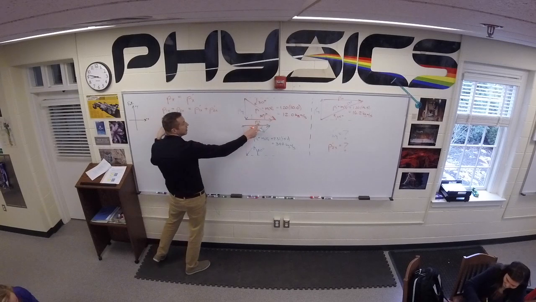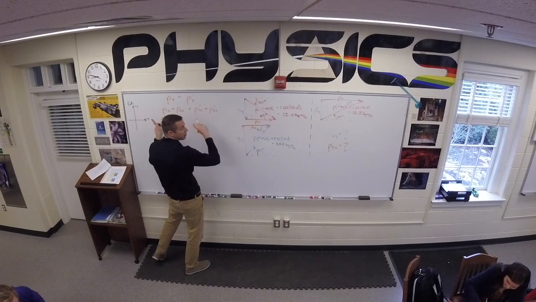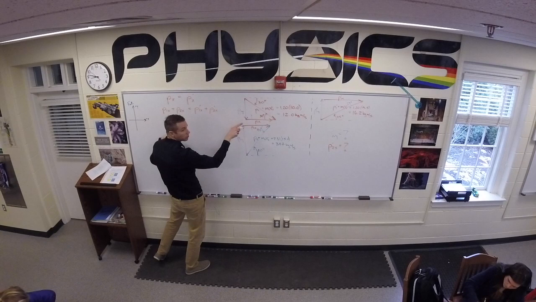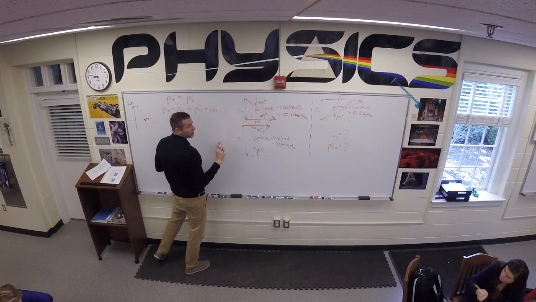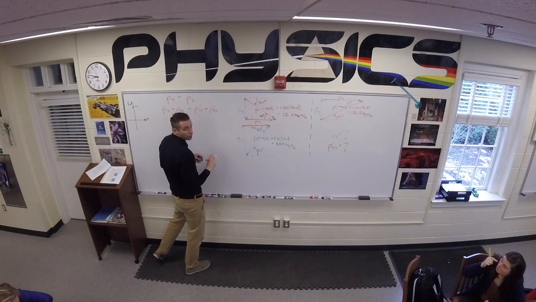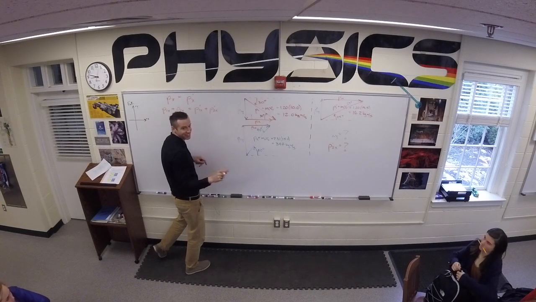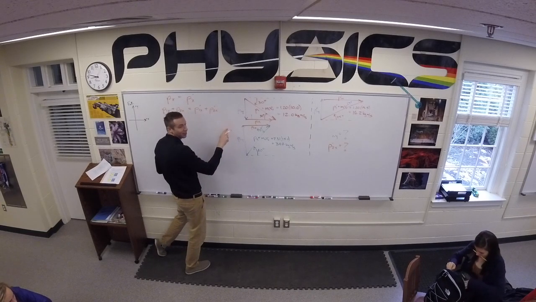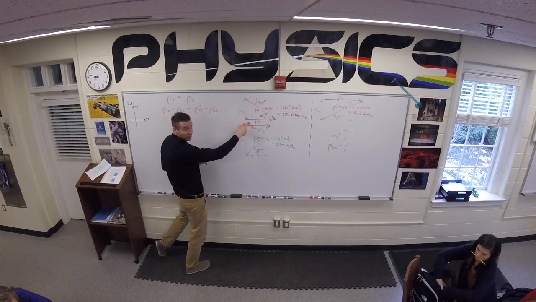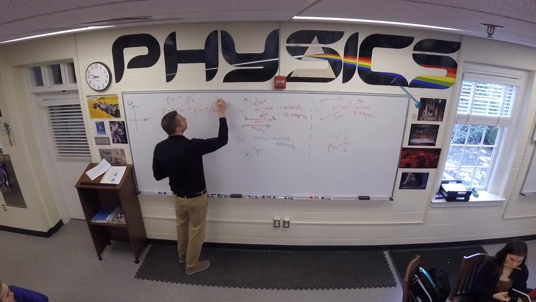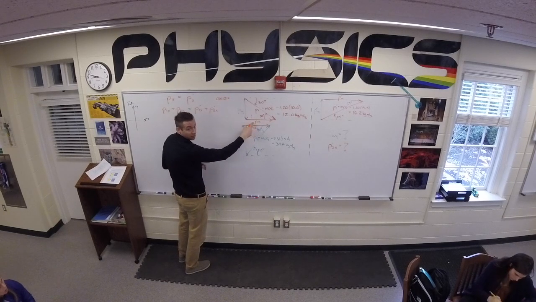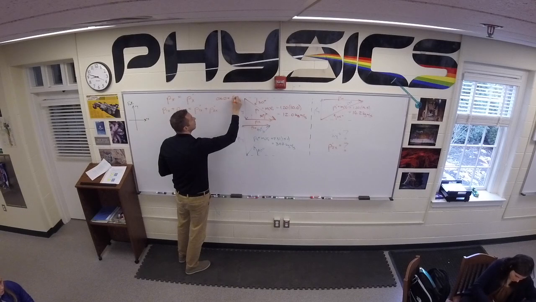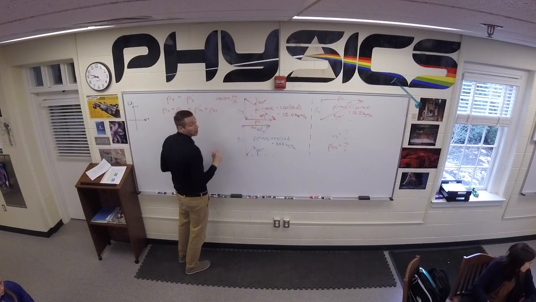P1x is this, either here in the math or over there on the triangle, whichever you're more comfortable with. P1x is P1 times the cosine of 30. Let's make sure everybody's clear on how I got that. If I set it up originally, I would say the cosine of the angle is equal to the adjacent, P1x, over the hypotenuse, P1.